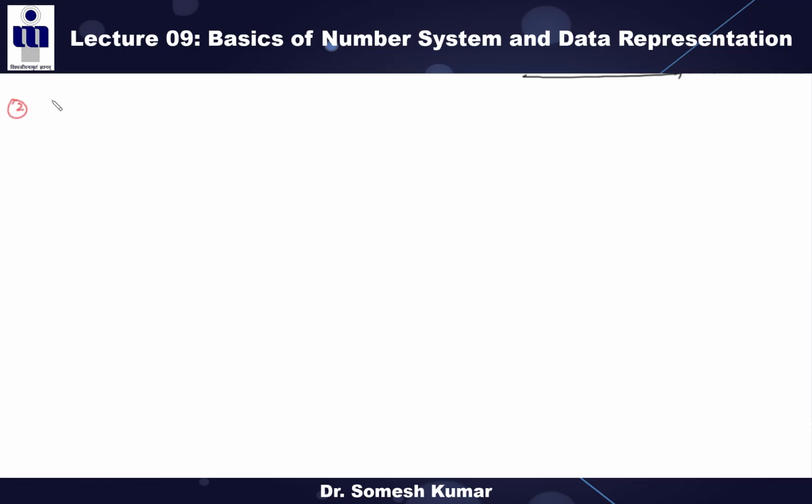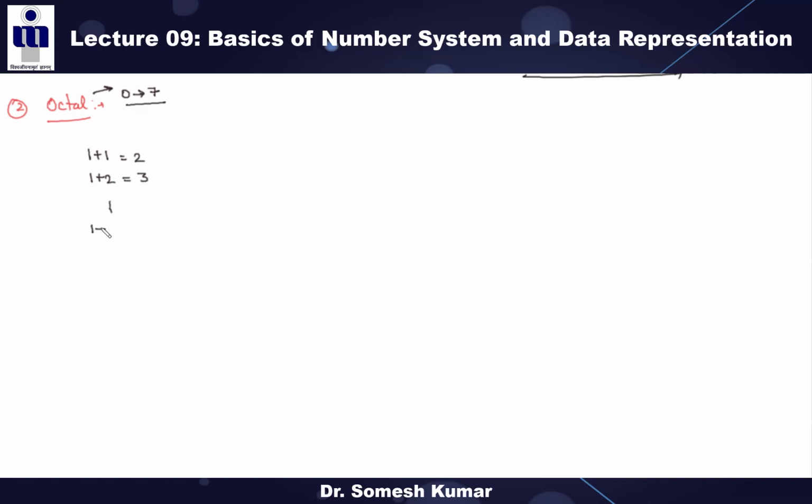Now the octal addition. The second category is octal, right? So in octal, what is 1 plus 1? You know the octal digits, what is the range? 0 to 7, right? So now 1 plus 1 is 2, normal addition. 1 plus 2 is 3, and so on.